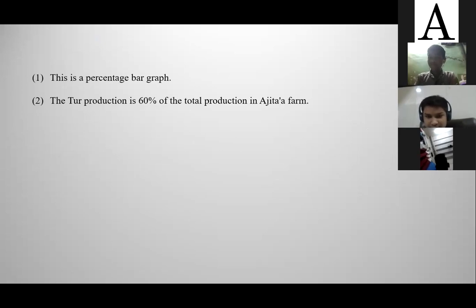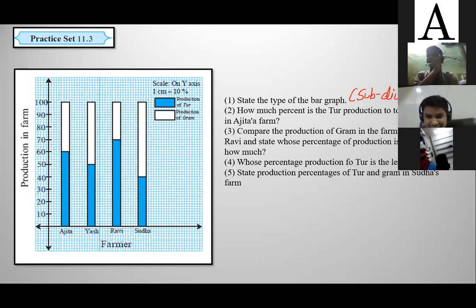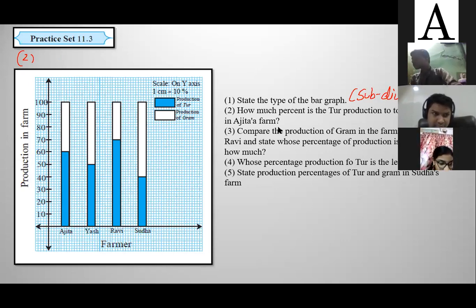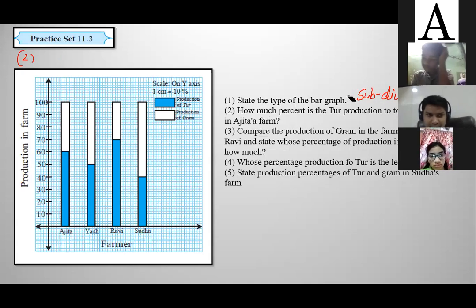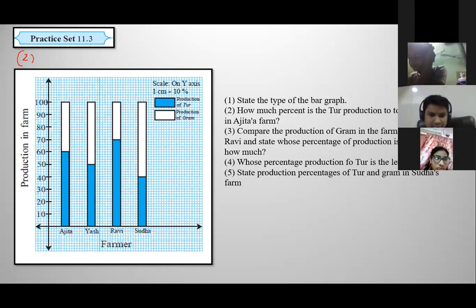Sir, this is second question. Second, na? Yeah, second one. First one is drawing the graph, right? So I'll do it now after this. I think there are only 2 questions in this. I'm not sure. How many are there? Three. Okay, three, including this. Two we have to draw.